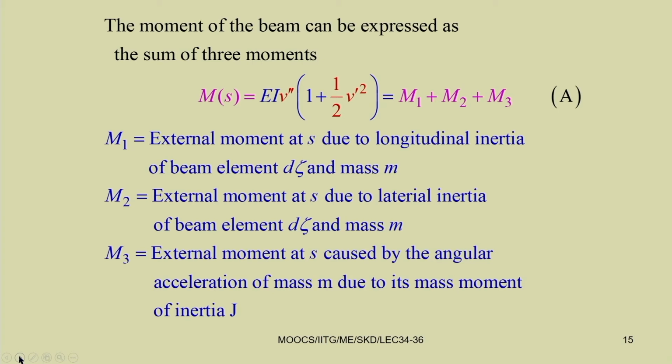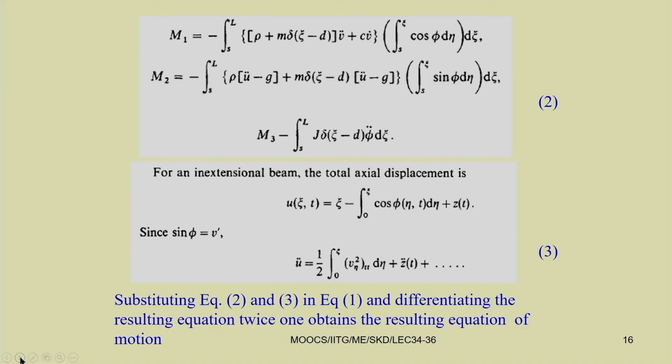And the third one, m3, is the external moment at S caused by the angular acceleration of mass m due to its mass moment of inertia J. That additional mass we have put at an arbitrary position. In many literature you can find it is put at the tip of the beam.